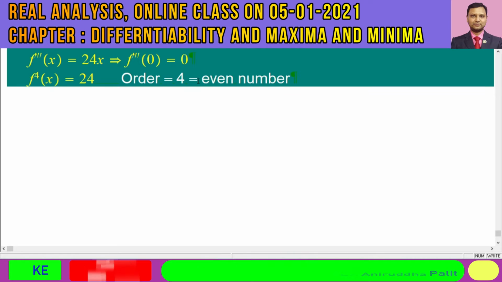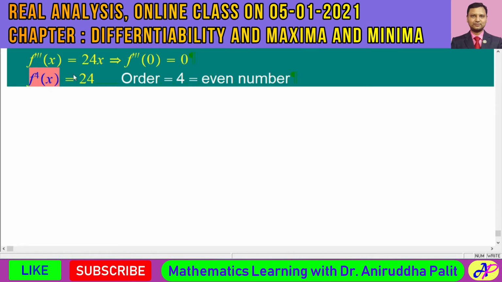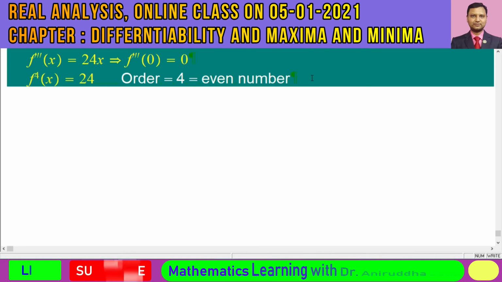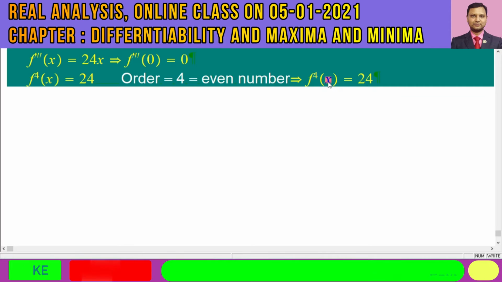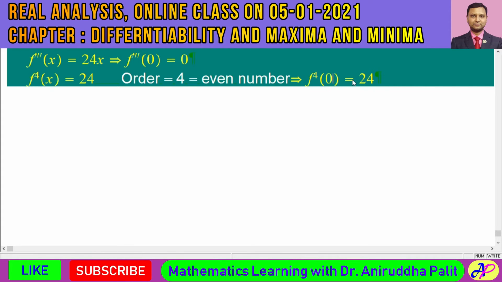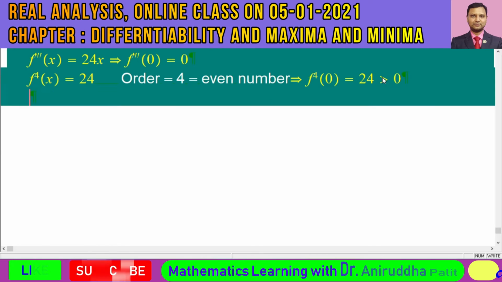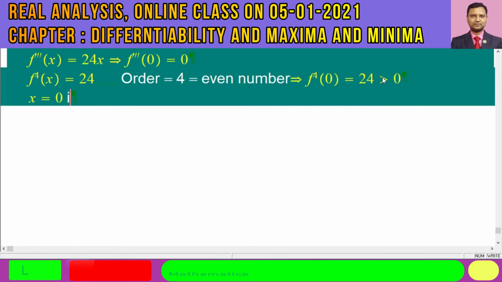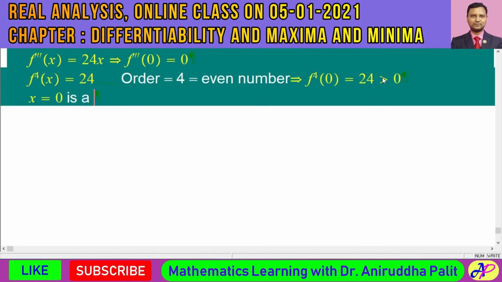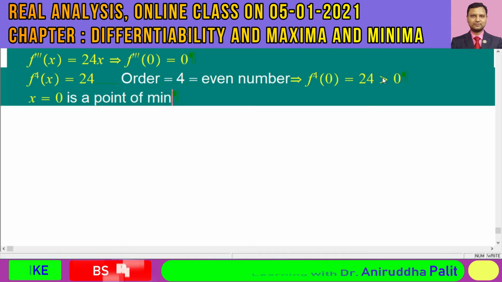And what is the value of that derivative? If you put x is equal to 0 over here, the value still remains 24, and this is a positive number, so the conclusion is that x is equal to 0 is a point of minima.